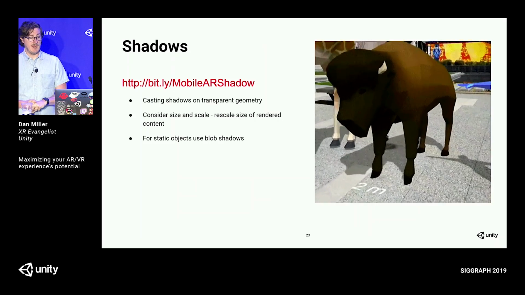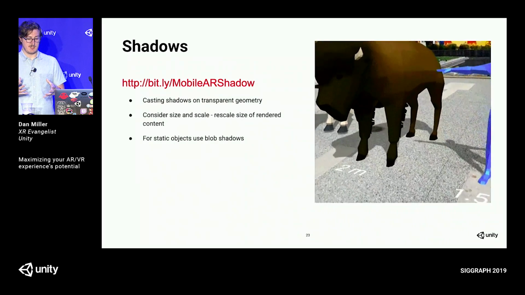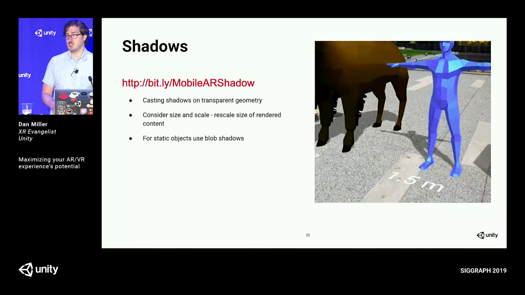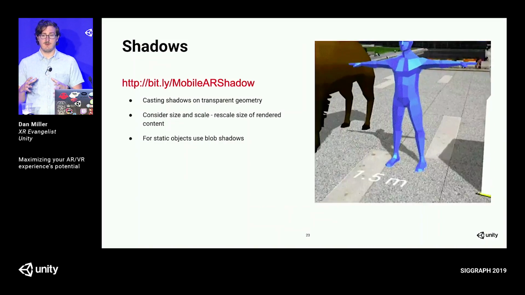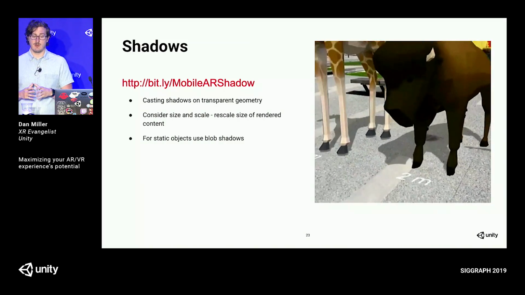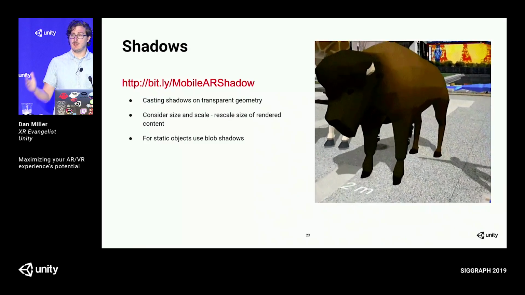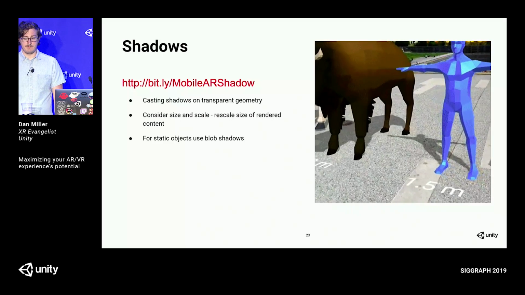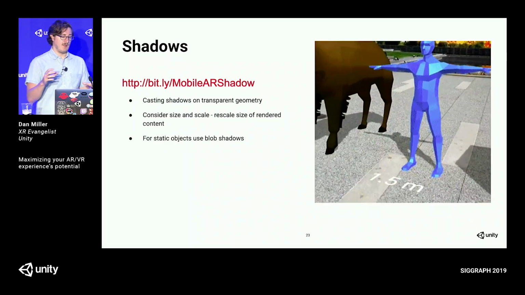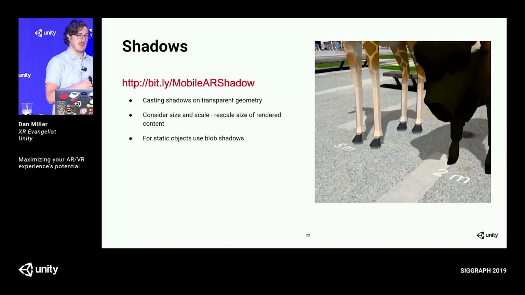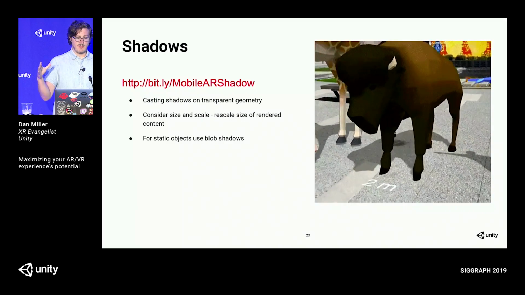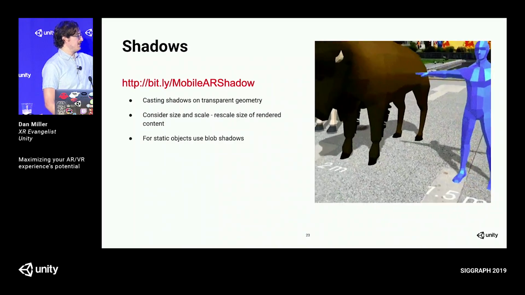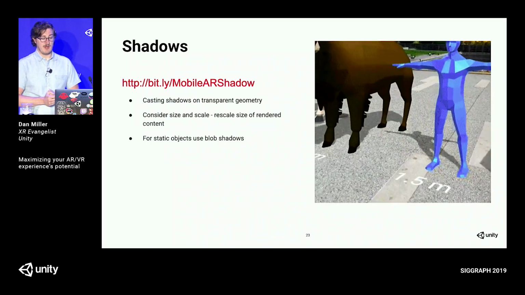Now, one thing to keep in mind is that with Unity, a lot of objects and a lot of features, such as shadows, lighting, physics, and navigation, really want you to maintain what we call 1:1 scale. So everything is, 1 unit in Unity is 1 meter. If you spawn a cube, you can see it's sitting there. But a lot of augmented reality, especially on the mobile side and head-mounted, wants this more small diorama. You want something on your coffee table rather than a life-size buffalo or giraffe.